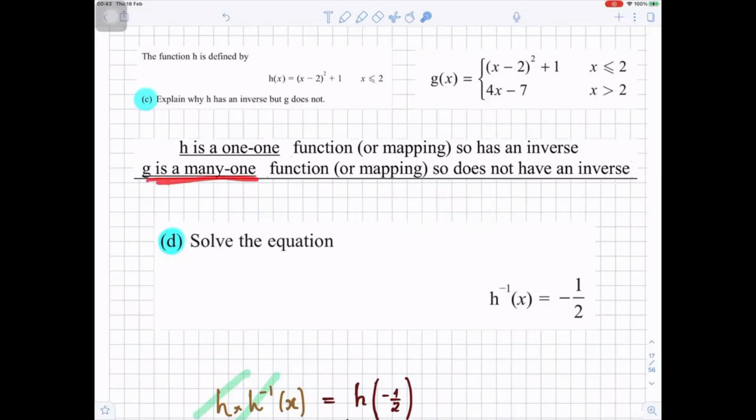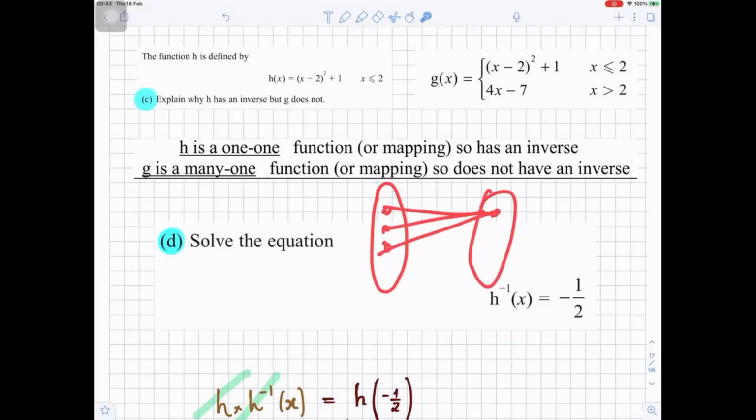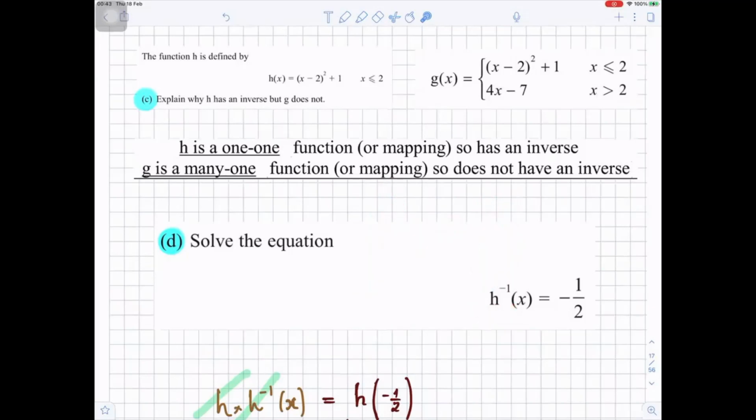But g is many-to-one. Many-to-one is like you have 1, 2, 3, all of them go just to 1. So that's many-to-one, so it does not have an inverse. So g of x is many-to-one, so it does not have an inverse. h of x is one-to-one, and it has an inverse. So remember the difference.